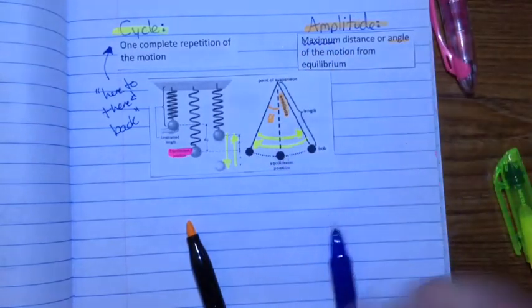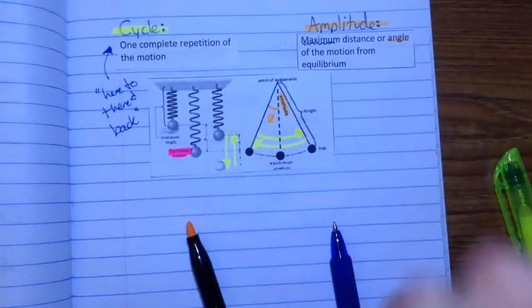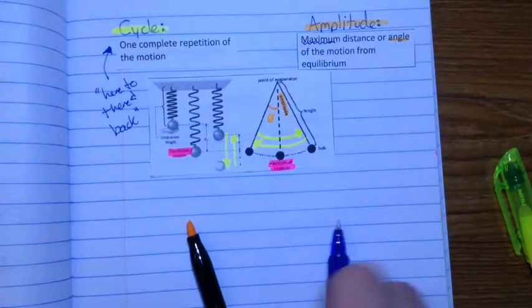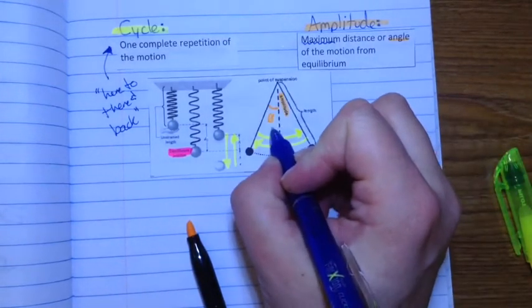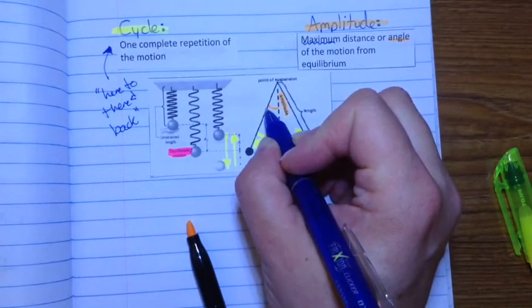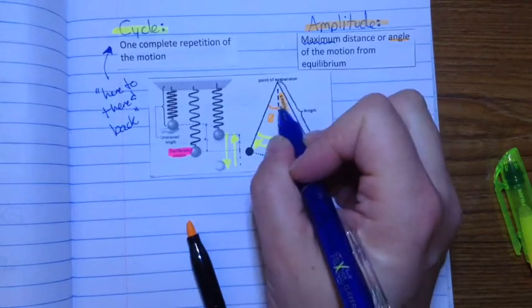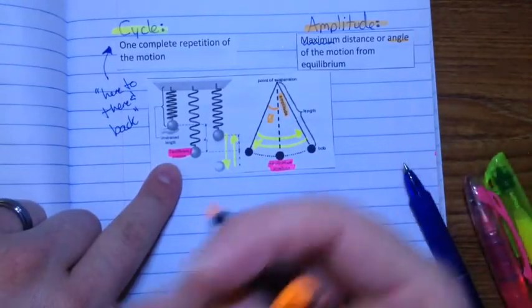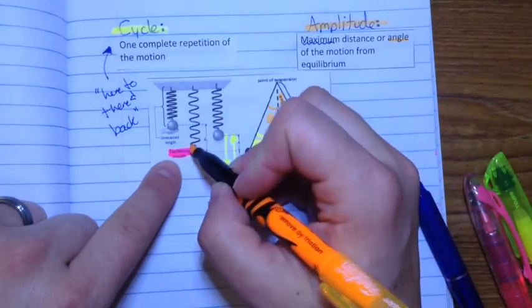So the maximum angle. So this is the equilibrium position right here, which you can highlight with your equilibrium position color. That equilibrium position, it swings as far out as it swings out. That angle from the equilibrium position, that is the amplitude. If you're looking at a spring pendulum, the up and down, this is the equilibrium position.